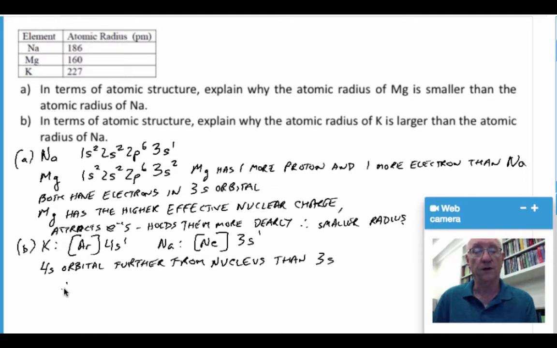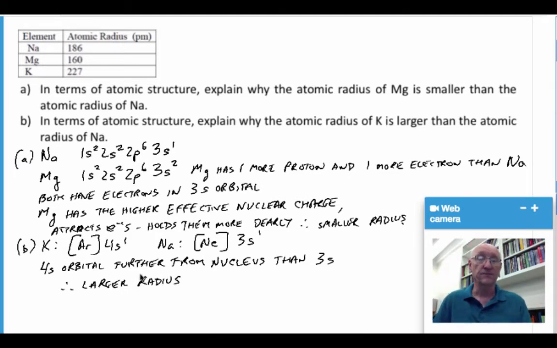So therefore, it has the larger radius. Concurrent with that is that it has the larger diameter too, because the diameter is equal to 2 times the radius.